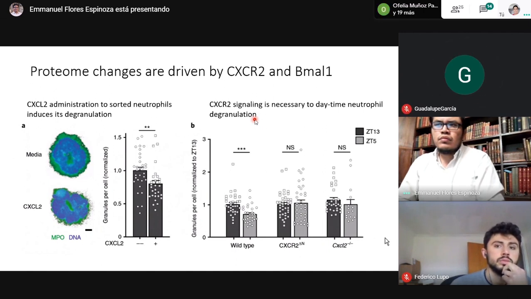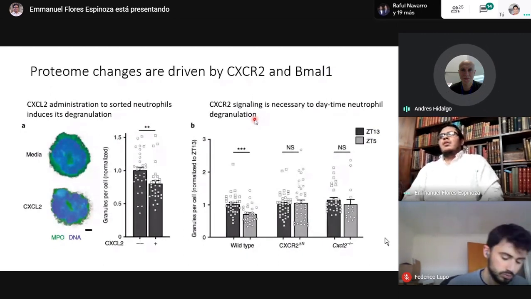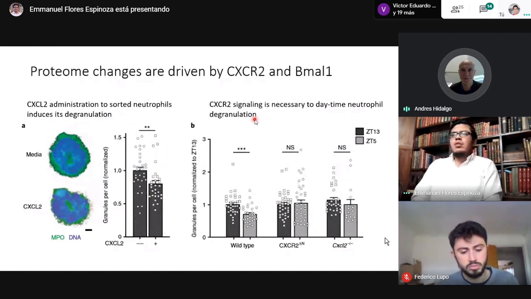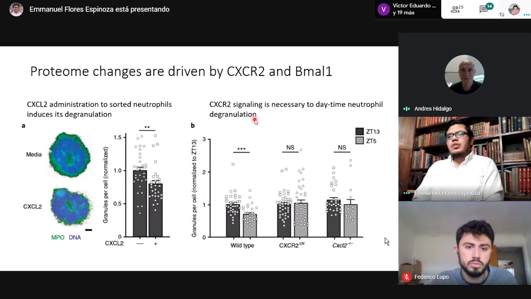I'll go for the second question, and Jose can go for the first one if he wants. So this experiment in panel A was just to show that CXCL2 induced degranulation. We're not the first ones to show that agonists for this induce degranulation.